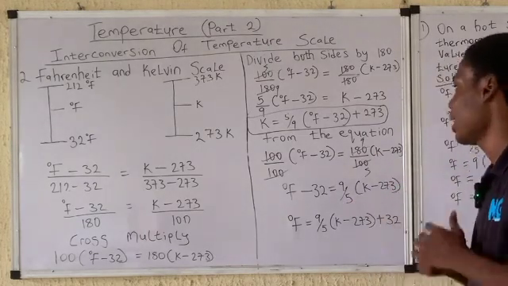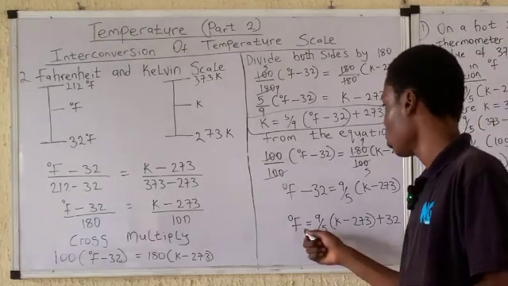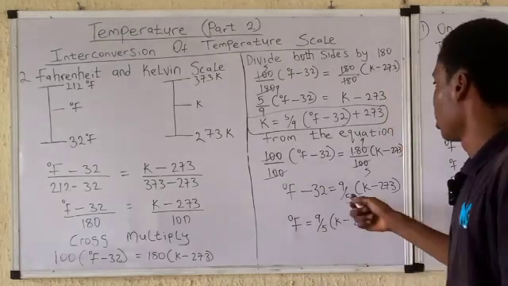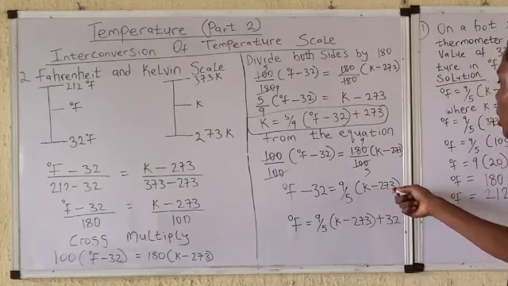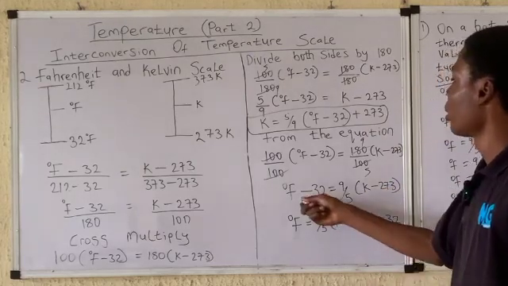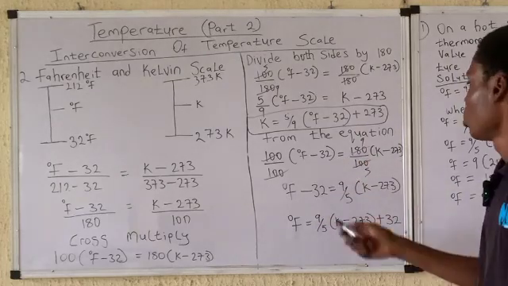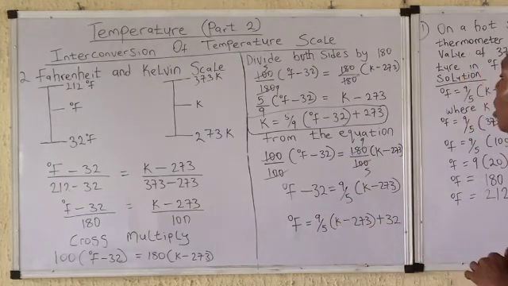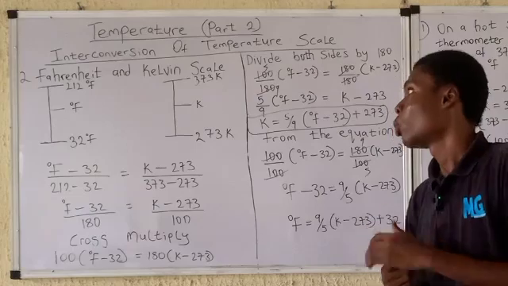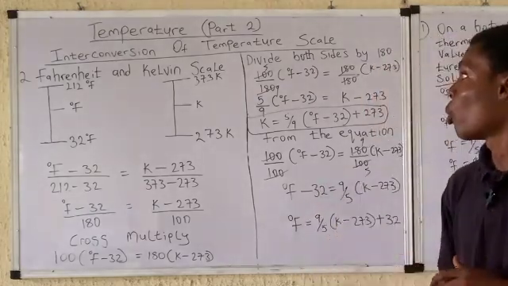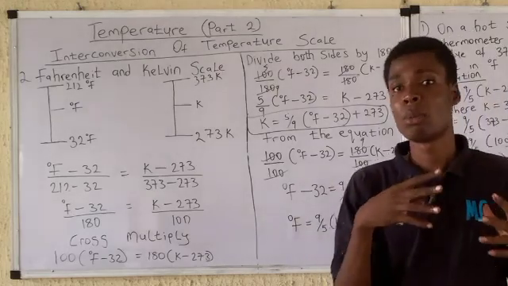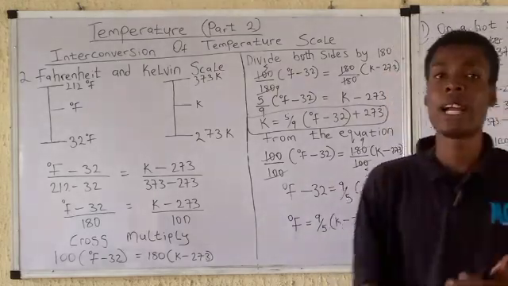So our final answer is Fahrenheit equal to 9 over 5 in bracket Kelvin minus 273. Then taking minus 32 to the opposite side, we have plus 32. So this is how to derive the formula for Fahrenheit when converting from Kelvin to Fahrenheit.